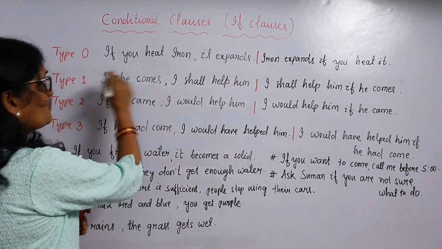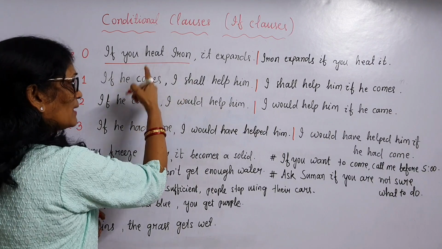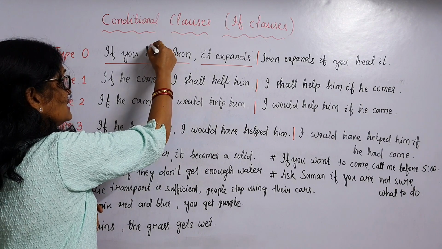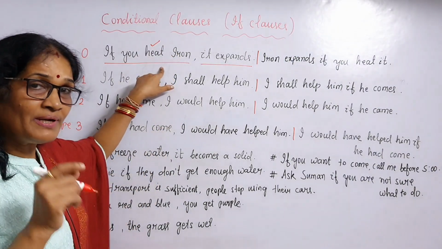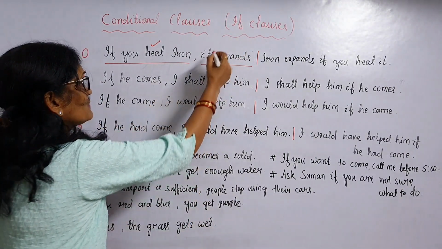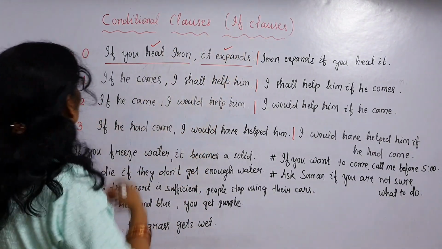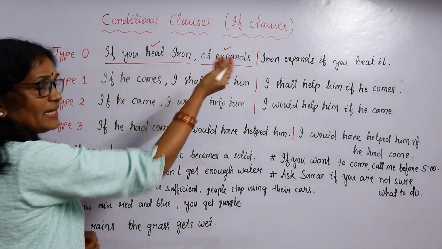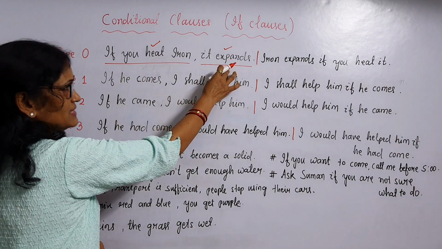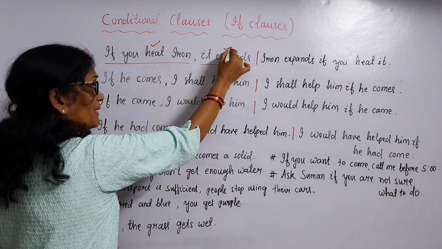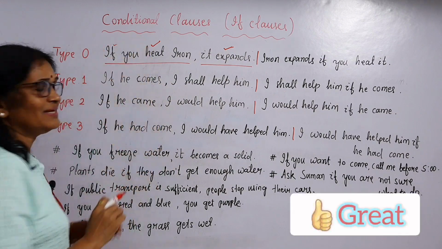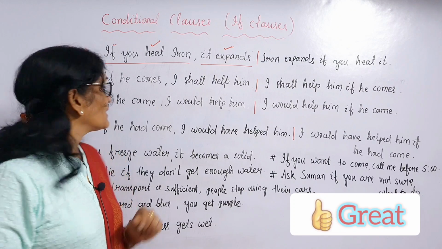Two parts: if you heat iron is one part, and it expands is the other. In the if clause we put our condition, then you get the result, something happens. That is the result. So here you do the condition, and we get the result in this part. This part is called the main clause, and where you use if, we put our condition, that is called the if clause.